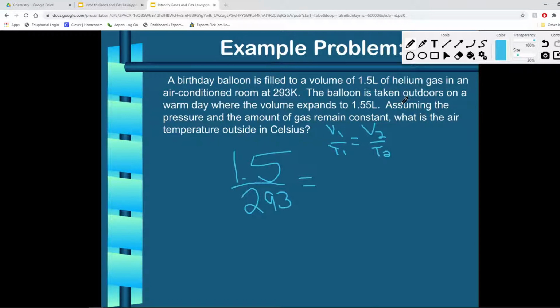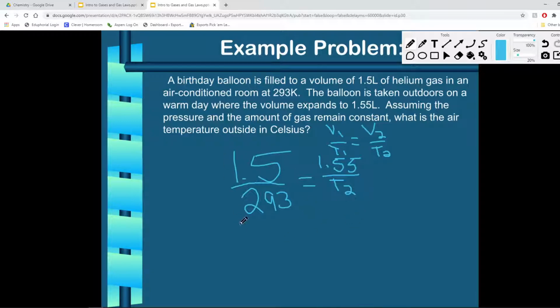after the balloon is taken outdoors on a warm day, they say it expands to 1.55. So that's going to be our V2, our final volume, and we don't know our final temperature. Our final temperature is unknown. It's T2, a variable. All right, so there's two ways we can solve this.